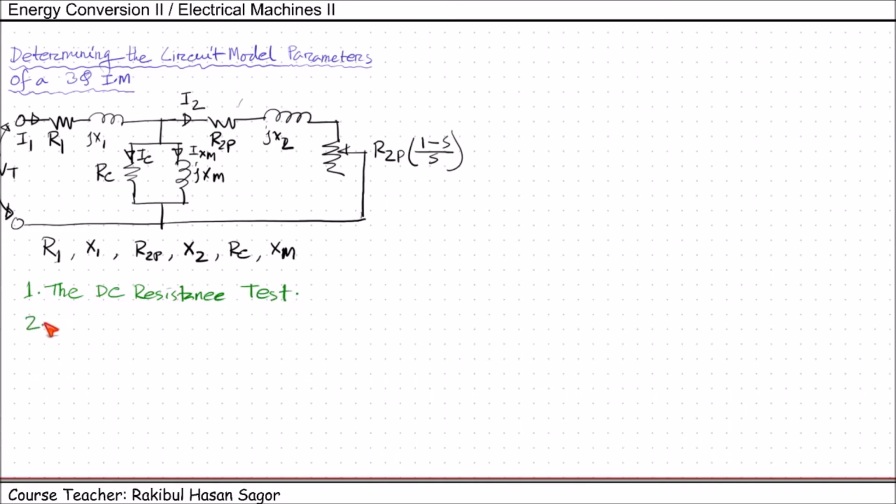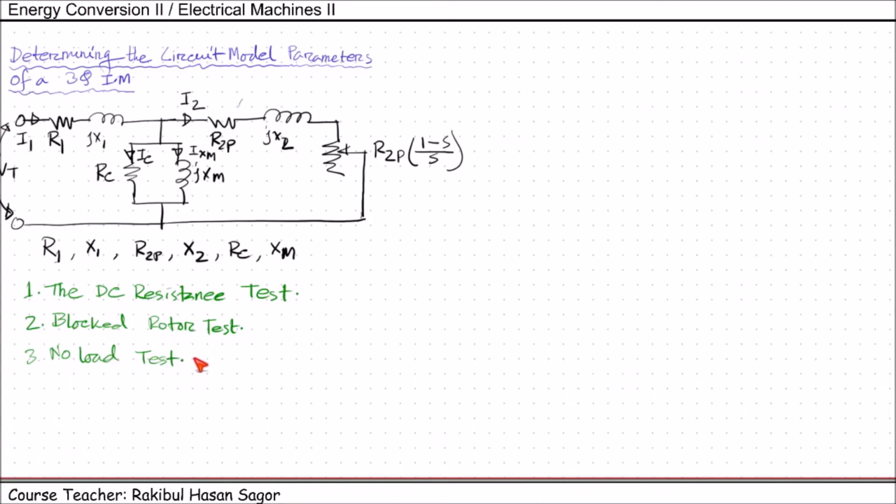Number two, blocked rotor test. This test is equivalent to our transformer short circuit test. We are coming to that point later on. And finally, number three, no load test.